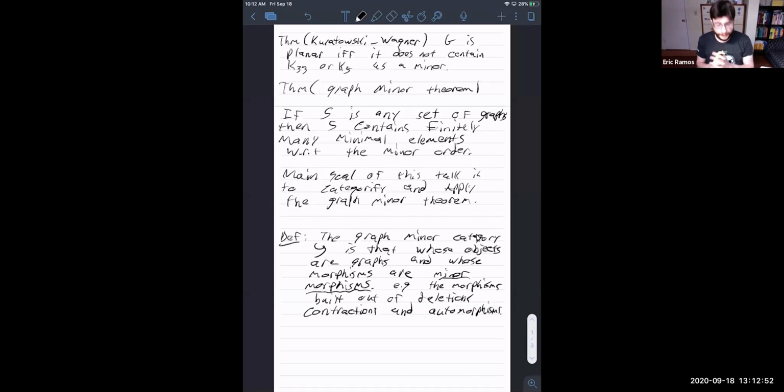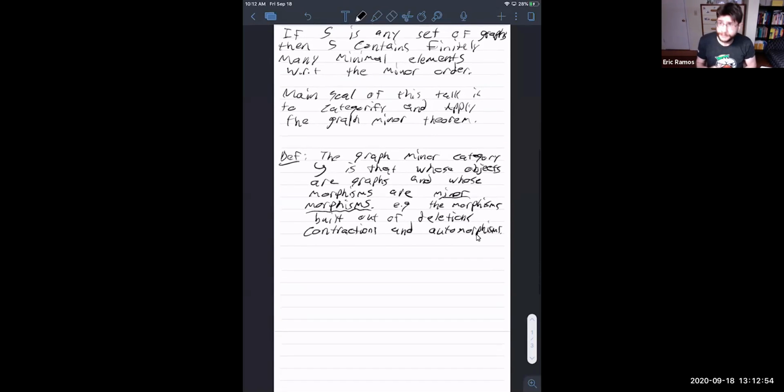If I have time later, I can come back to this definition and give the full combinatorial description. But the idea is that if I have a map from G to G prime in the graph minor category, this is equivalent to G prime being a minor of G.